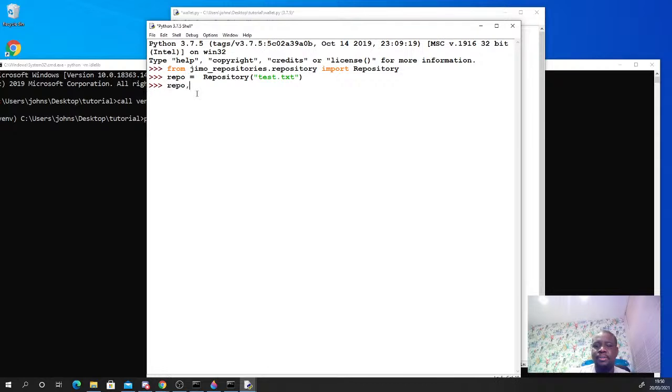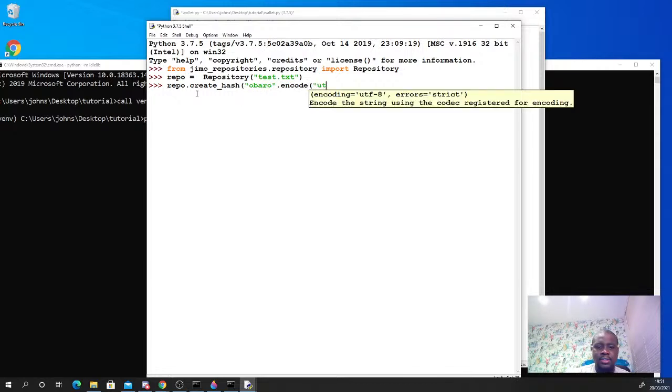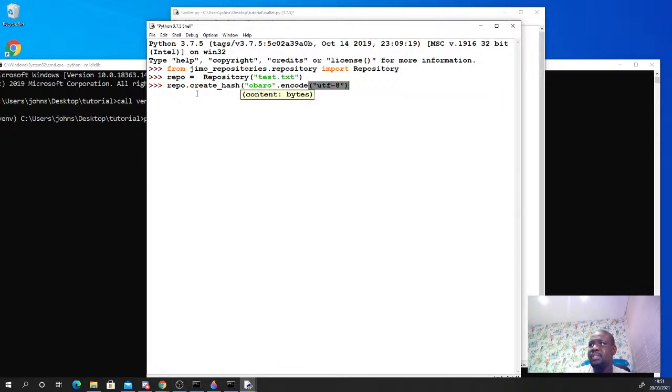There's a function already that I've actually created here, called create hash. This create hash will take a content, which is any value. So I can say borrow, and this function will take it as a string. I don't expect you to understand this, so please bear with me, so that it will return a hash. But there is no zero.